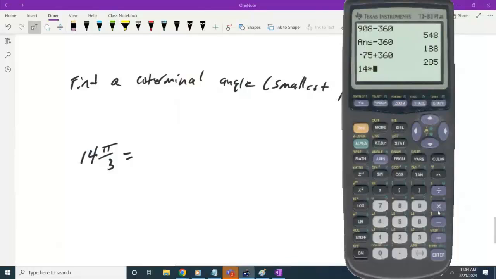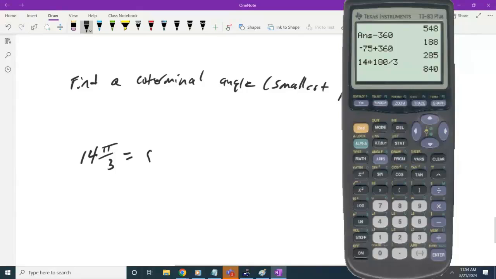So that's 14 times 180 divided by 3, and I get 840 degrees. Right? So now I'm working with degrees. I took it out of the radian thing for a second to work with degrees. So now I'm looking at 840 degrees.